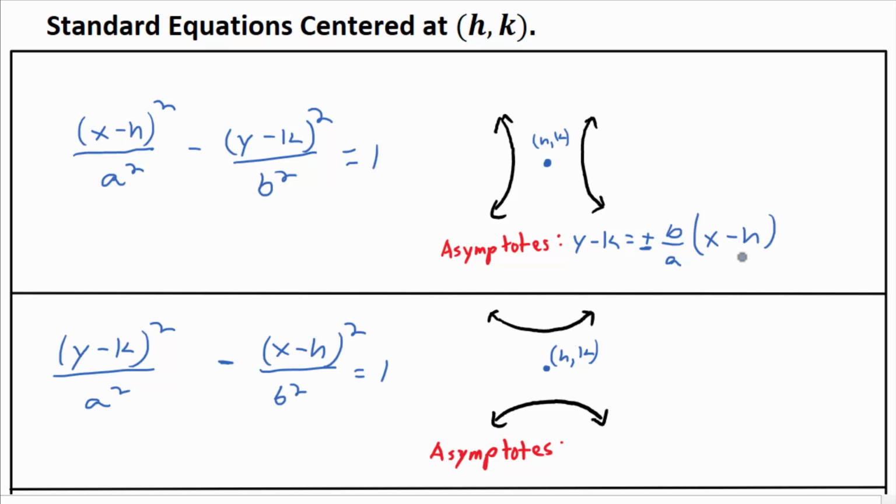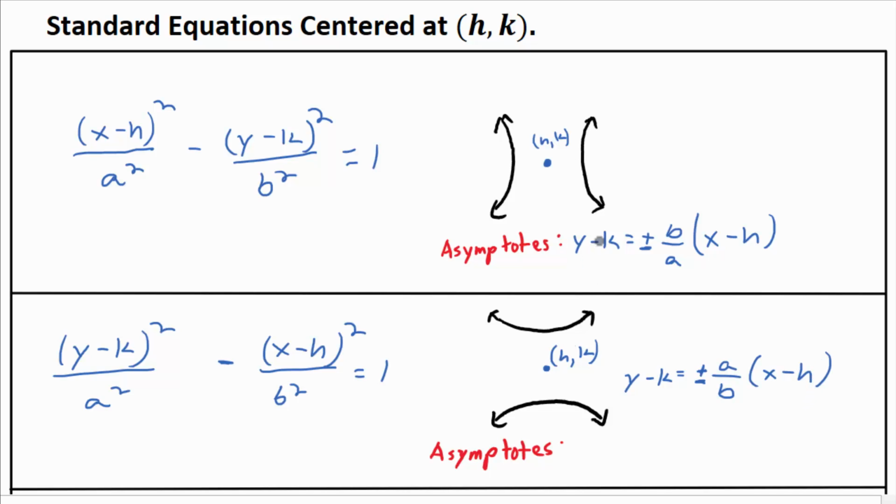So you've got two equations in the one there. And then if the hyperbola opens vertically, the slope of an asymptote is either a over b or negative a over b. So we'll go plus or minus a over b. And then the left-hand side is still y minus k, and then you have the slope times (x minus h).